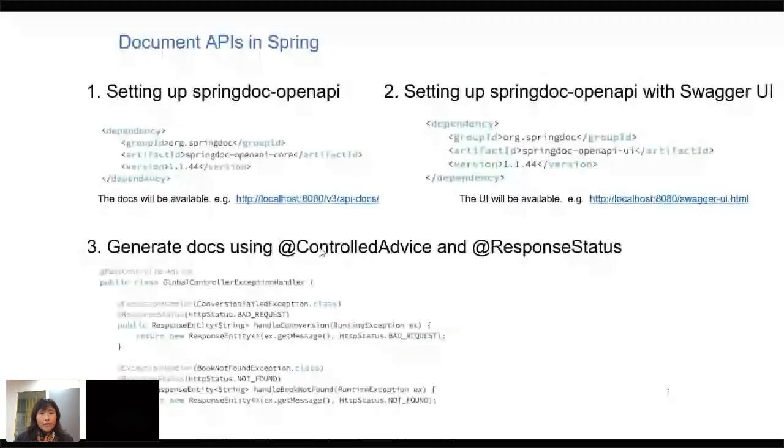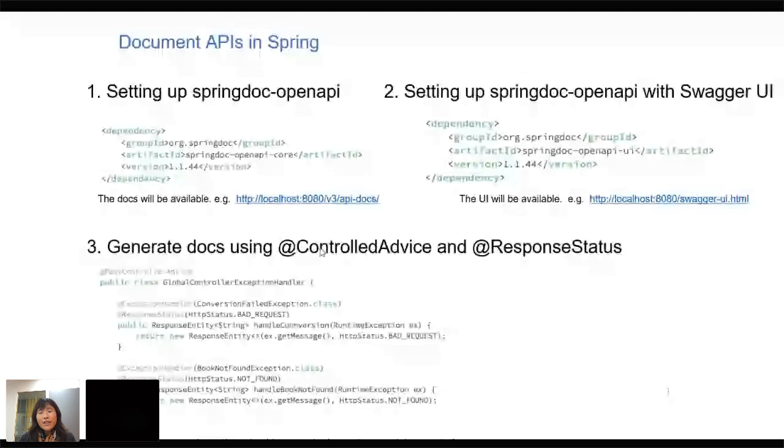Next, documenting APIs in Spring. Spring also has quite good integration with Swagger. You can directly include this dependency snippet in your Maven project, springdoc-openapi-core, and with this you will get an endpoint, /v3/api-docs, which is equivalent to MicroProfile's OpenAPI.